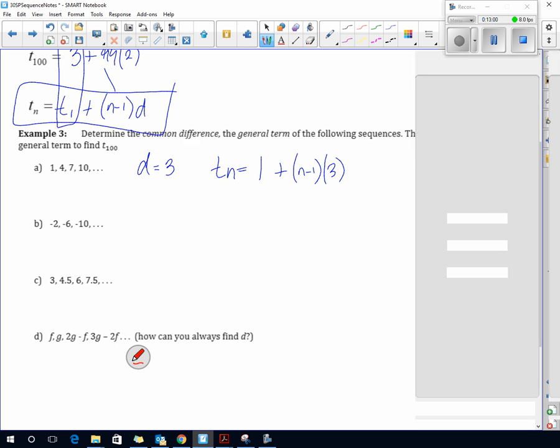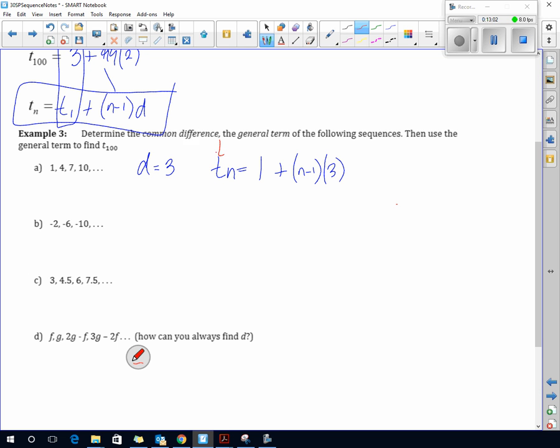That's a plus sign. So term 1 in this case was 1. The common difference in this case was 3. And I don't know what n is, so we can actually do some simplifying here. And what would my simplifying be? Well, this is a product, so we multiply these two, yes?